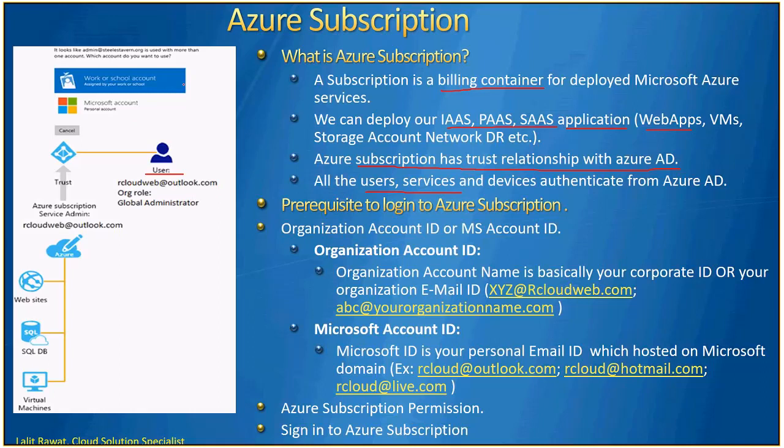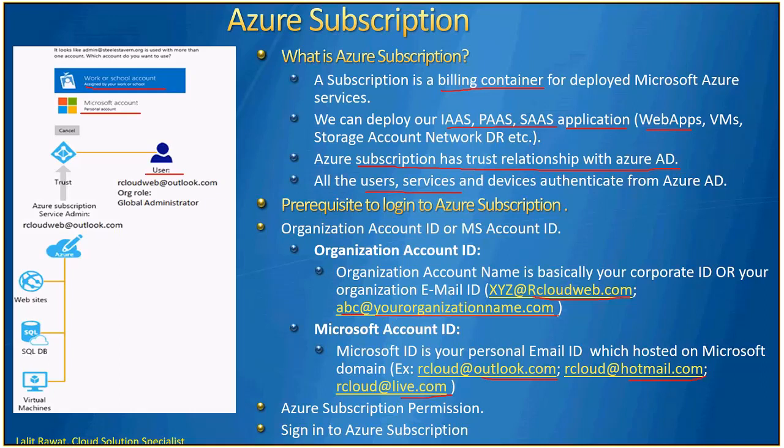Once you sign in, it will ask you to put a work or school account, which is your organization account, or a Microsoft account. A Microsoft account is your outlook.com, hotmail.com, or live.com, but your organization account uses your organization name, like rcloud.com, rcloudweb.com, or kcloudeasy.com, basically your email address and your organization.